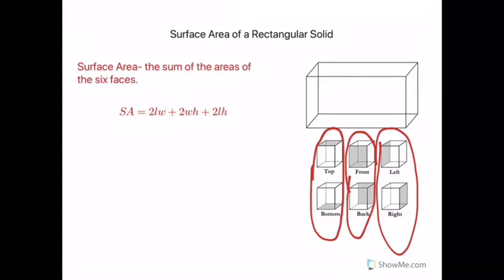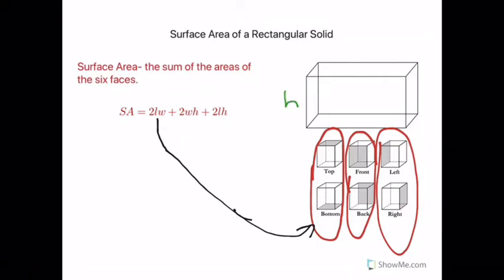So this 2LW, 2 times L times W, comes from the top and bottom. If we look at this big rectangular solid, you can see that this is considered the height, length, and then here is the width.